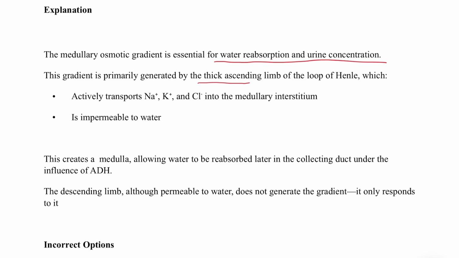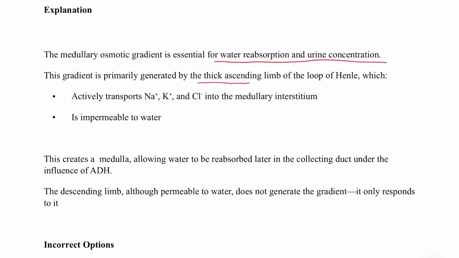So when these ions are moving out and this limb is not permeable to water, this creates a hyperosmotic medulla, allowing the water to be reabsorbed later in the collecting duct under the influence of ADH. The descending limb of Henle, because it is permeable to water, does not generate the gradient. It only responds to it.